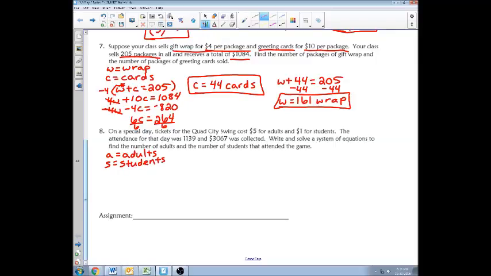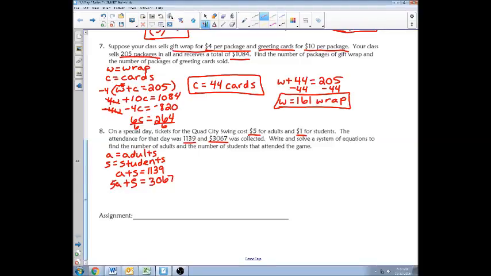So I'm going to add the adult tickets and the student tickets total. The attendance was 1139. Now I need the price of the adult tickets is 5, so 5A, plus the price of the student tickets was $1, so it would just be S, is equal to the total amount they collected, which is $3,067.